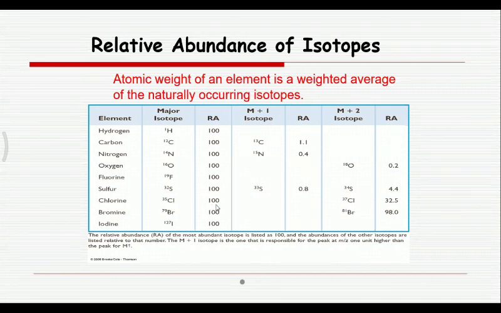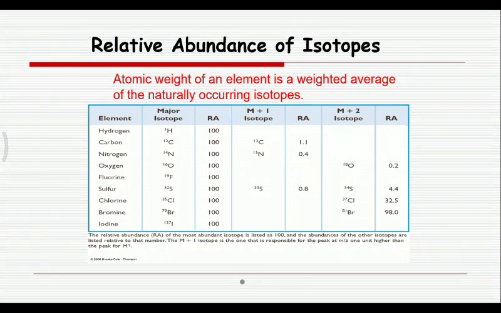So chlorine 35 is 100%, chlorine 37 is 32.5%, so one third of that. So this is significant. Bromine 79 and 81 are almost equal, 50-50%. So if one is 100%, another is 98%. So these are the isotopes and their relative abundance in nature.